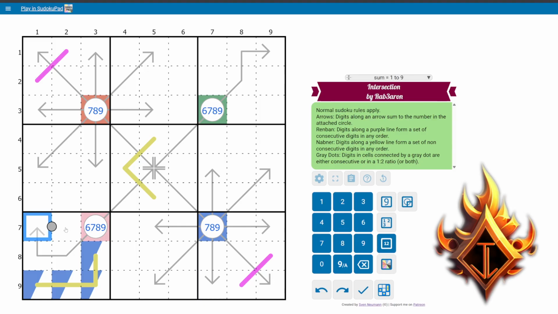6, 7, 1, 2, 9. That would not work. 6 cannot go here. Or what if I went with 5? It still wouldn't work because then 7 would be down there with 8.